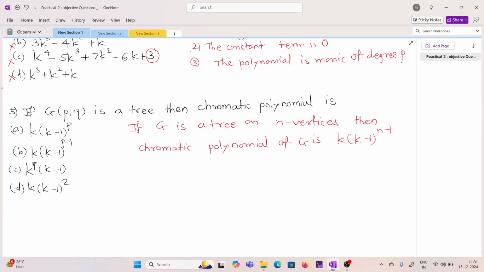Here we have considered G is a tree on n vertices. They have given G is a tree on p vertices. So if we replace n by p, then we get the chromatic polynomial of a tree on p vertices is k into k minus 1 raised to p minus 1. And this is given in option B. So option B is the correct option.